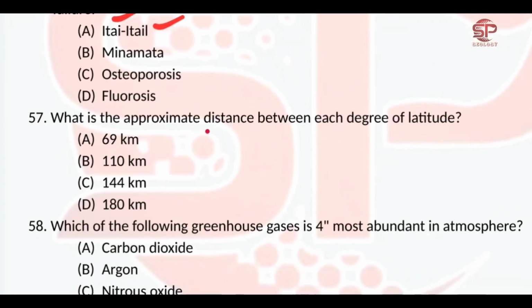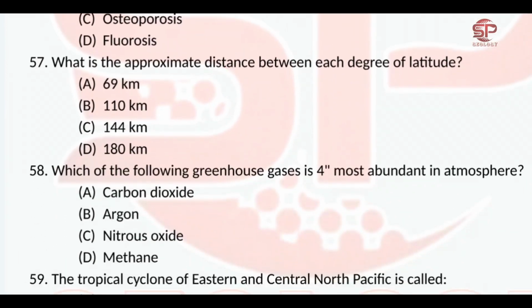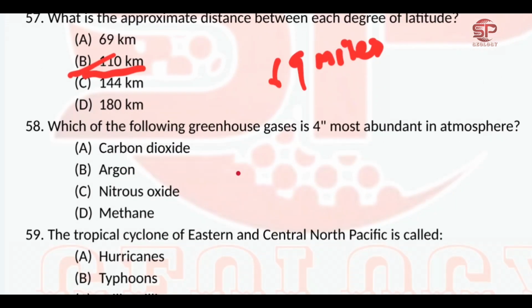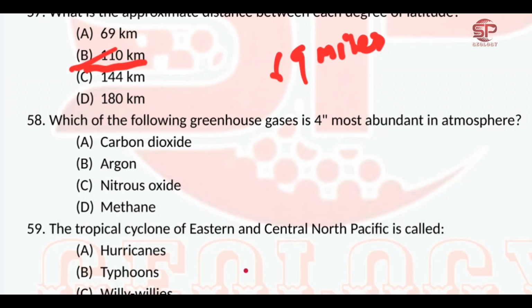What is the approximate distance between each degree of latitude? It is actually 69 miles, approximately 111 kilometers. So the answer will be B. Which of the following greenhouse gases is the fourth most abundant in the atmosphere?